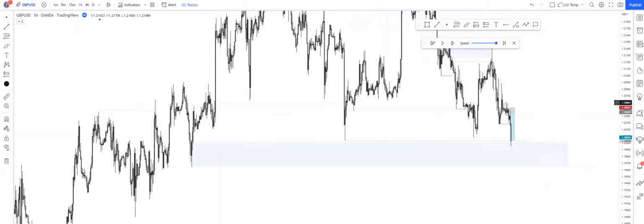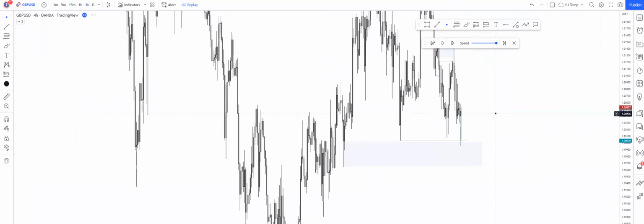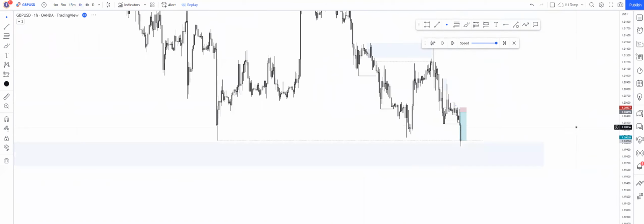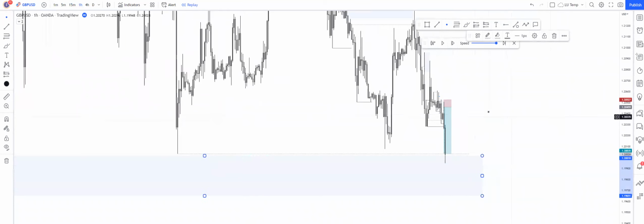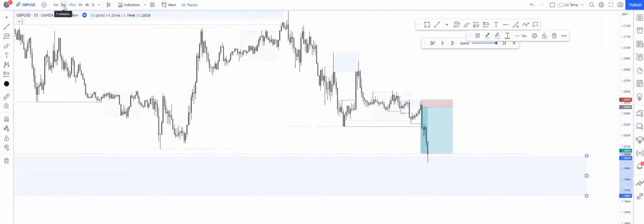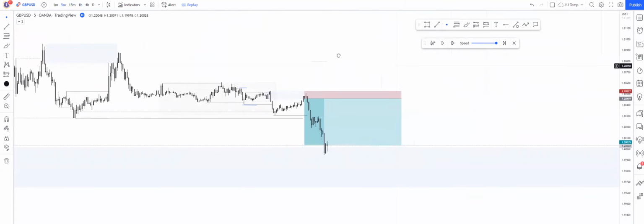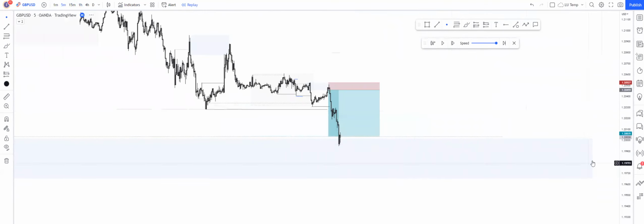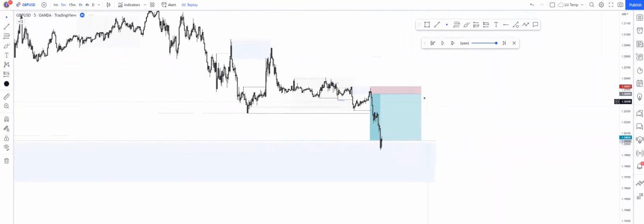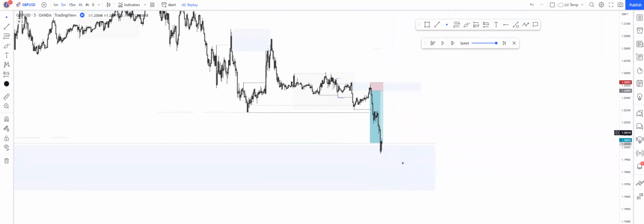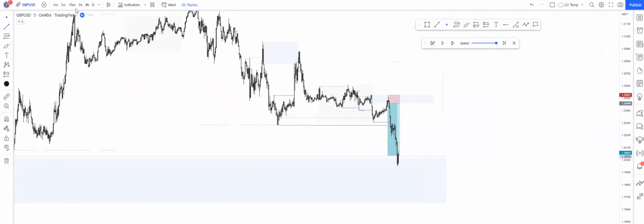All right, so now we are in the 4-hour period that I mentioned. Okay, here it already shows a reaction. That's the only thing I don't like about the replay tool on TradingView, is that it shows you. But of course we expect a reaction. I mentioned that before it happened, so that's valid. So now we look for a long in here because I am anticipating some type of reaction.